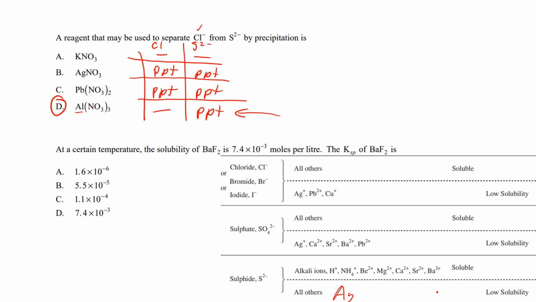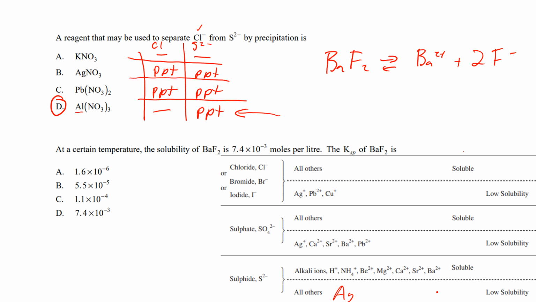Next question. At a certain temperature, the solubility of BaF2 is this. What's the KSP of this thing right here? So BaF2 will dissolve and turn into Ba2 plus and 2F minuses. It's moles per liter.